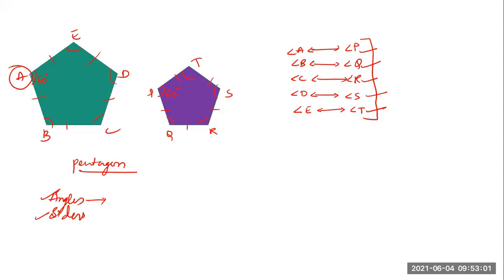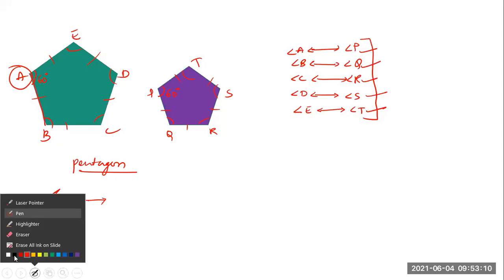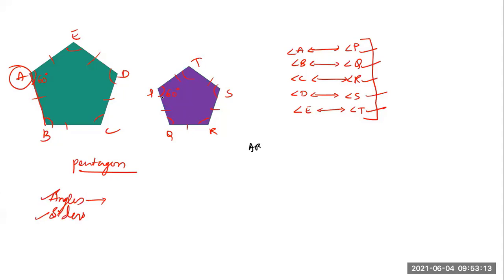Proportional in the sense, here we have side AB. For that side AB, I'll take side PQ. So AB by PQ, and BC, whose corresponding side is QR, and CD, whose corresponding side is RS.